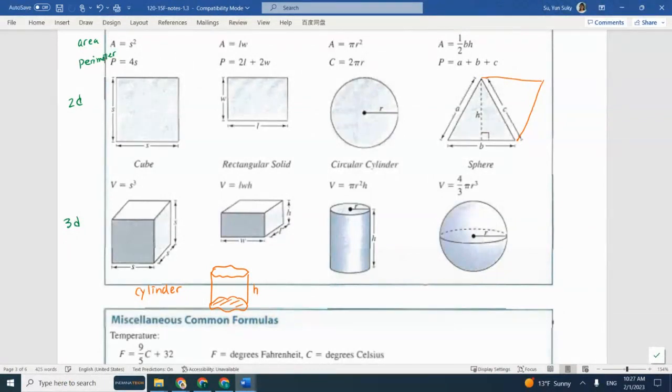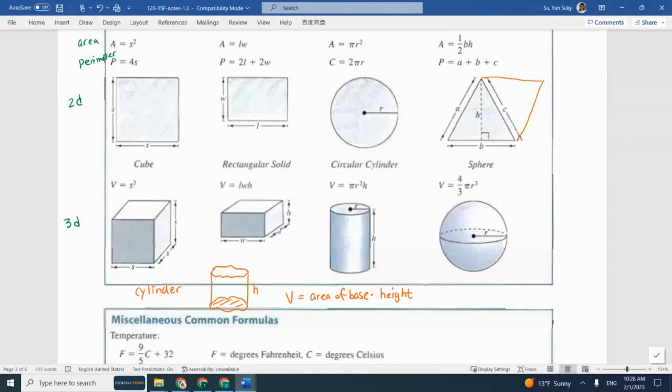So for cylinder, volume is area of base times height. This is true for all the cylinders. You might have a cylinder where your base is square, or a rectangle, or a circle.